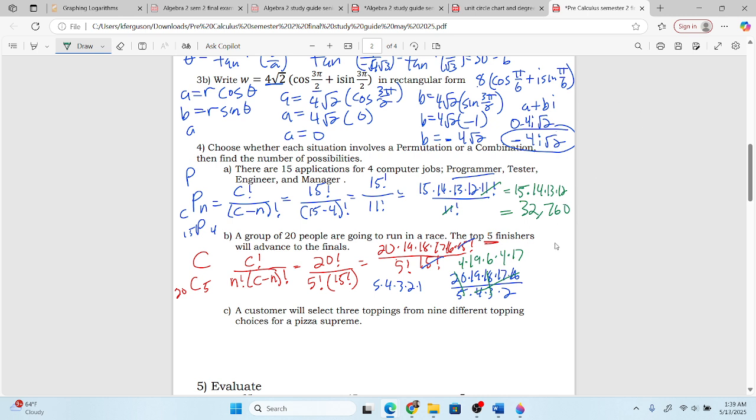Okay, so if I multiply all that out, I gotta find a spot to the side, just a second. I gotta decide whether I'm going to use a calculator or not. Okay, so 19 times 4 times 6 times 17.